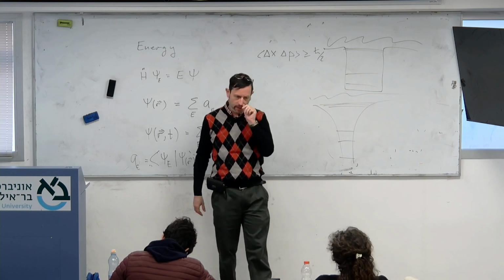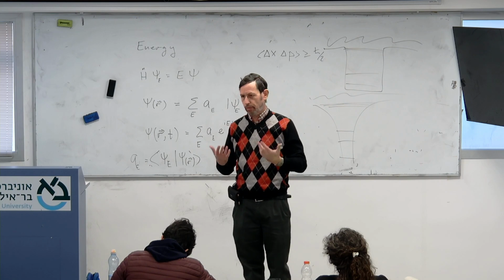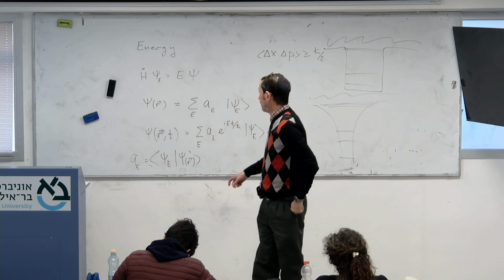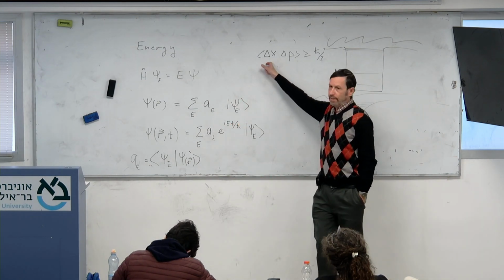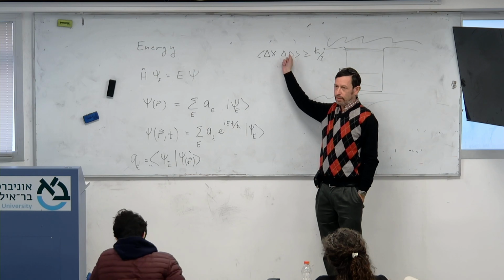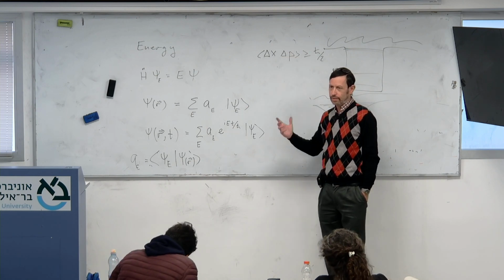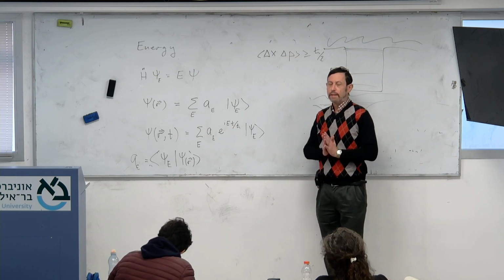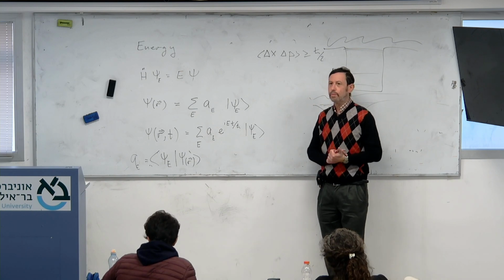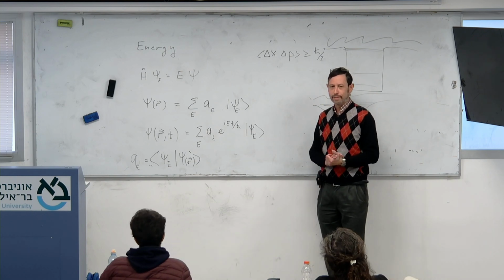Basically, we will show that for any wave function that we can come up with, the variance of x times the variance of p has to be larger than h bar over 2. But actually, at the moment, we can answer one of these questions.